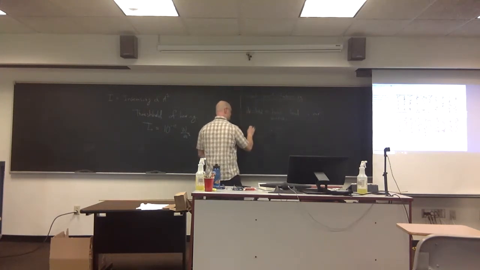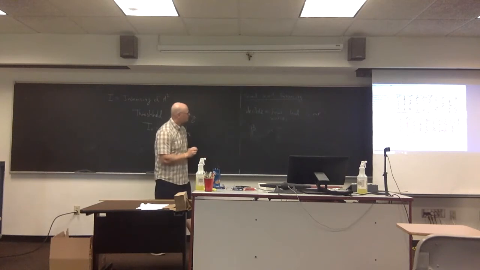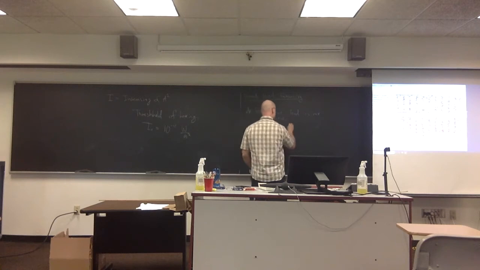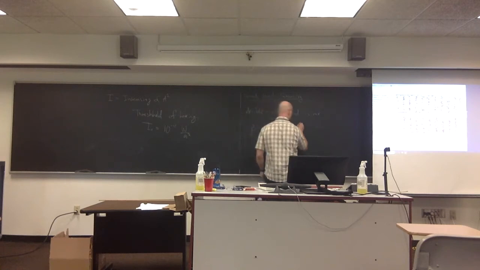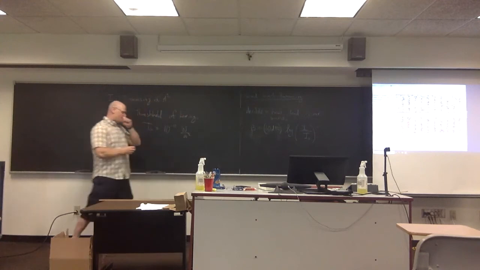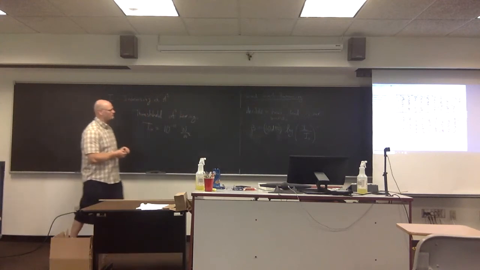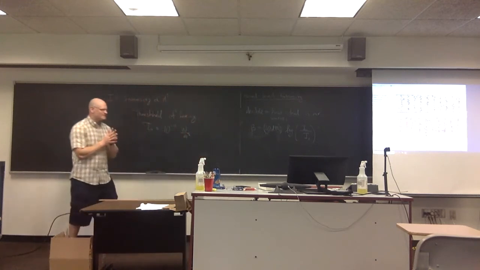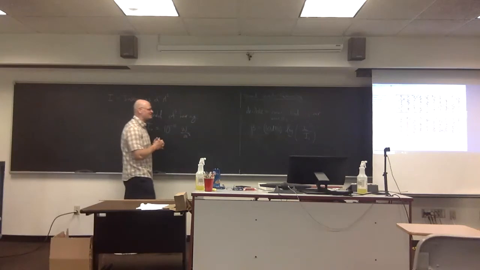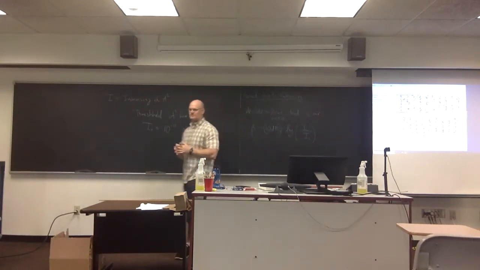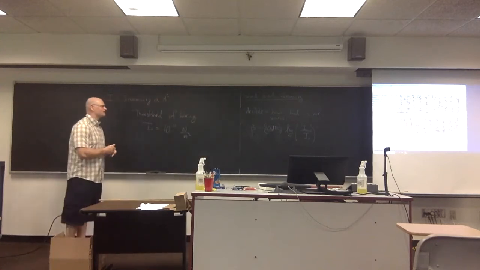It turns out that the sound level, which we're going to call beta, is equal to 10 decibels times the log base 10 of the intensity of the source divided by the threshold of hearing. So beta is the sound level in decibels, equal to 10 decibels times log base 10 of I over I0.